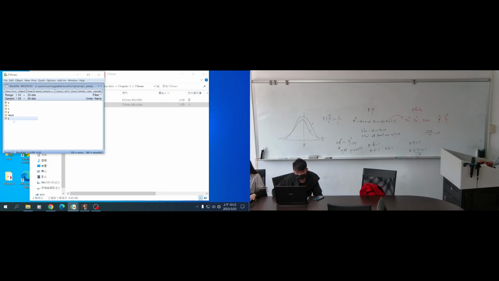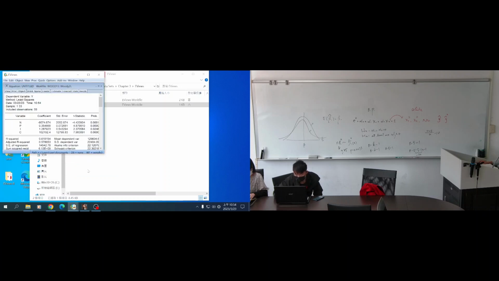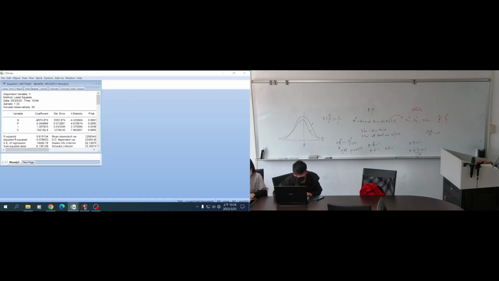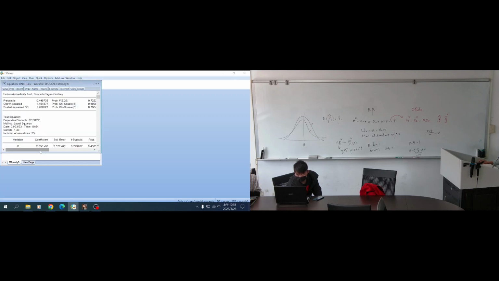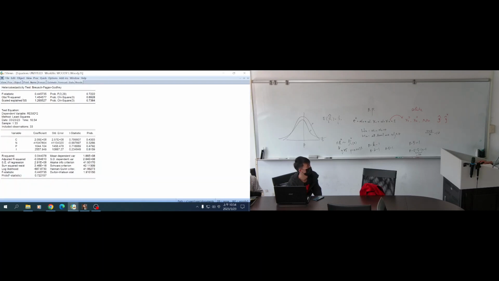So I'm going to run Y on P and I, open as an equation. Okay, let's see. I'd like to check whether there's a heteroscedasticity problem, so I'm using the BP test.